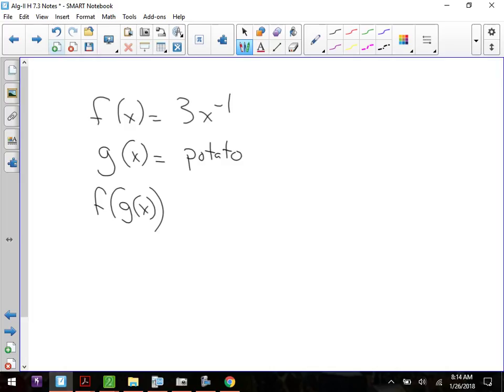The easy way to think of this is, it means take whatever this is and write it down. To that, this is now playing the role of the x of the f equation. So then I surround it with everything else.